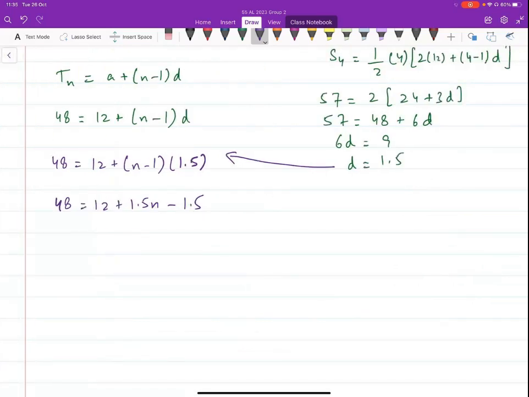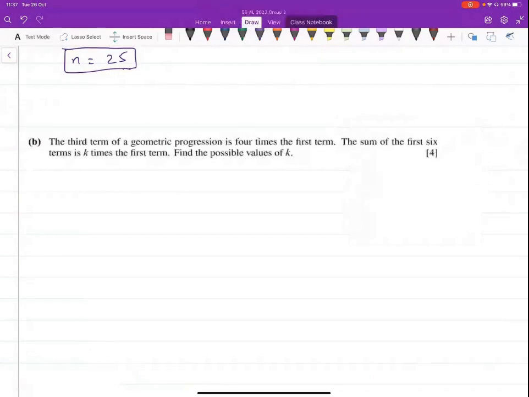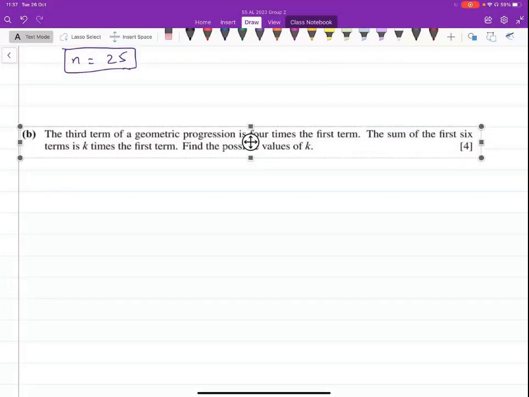This gives us 1.5n equals 37.5, and then n turns out to be 25. So there have to be 25 terms in this sequence. Okay, so this is what we have in the second part now.